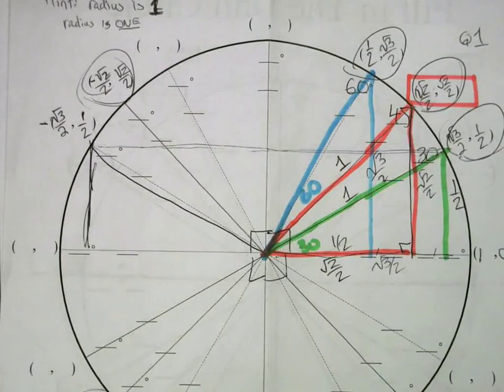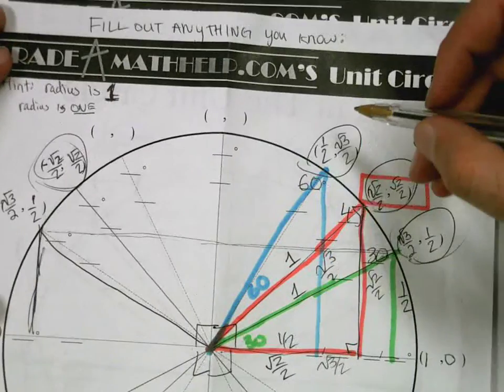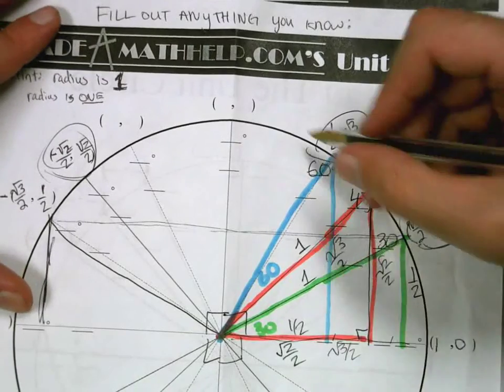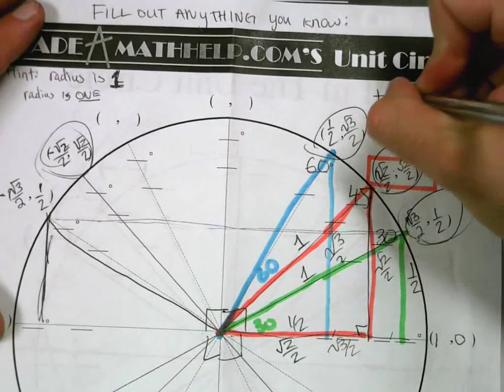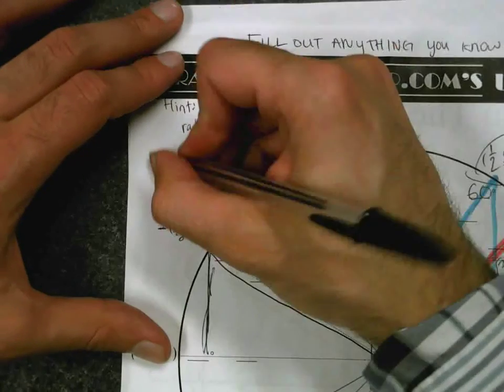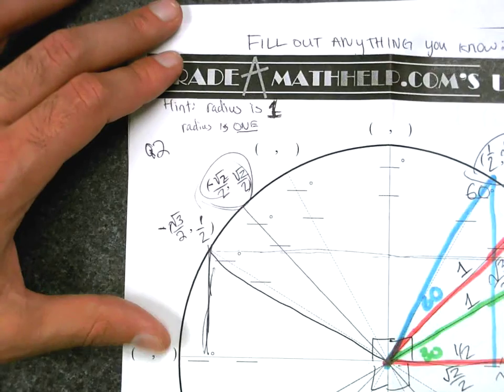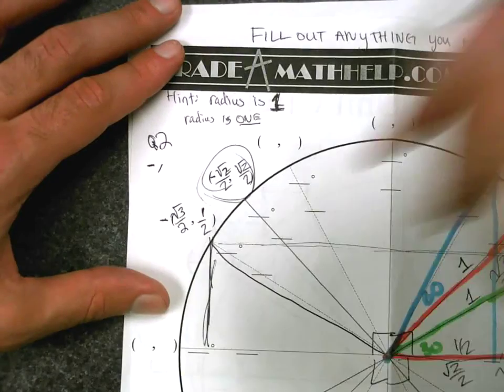Something that might be really simple: look at what happens in each quadrant. So in quadrant 1, x's and y's are both positive. Yeah, that's right, so positive. So I could write positive comma positive here. In quadrant 2, x is negative and y is positive.